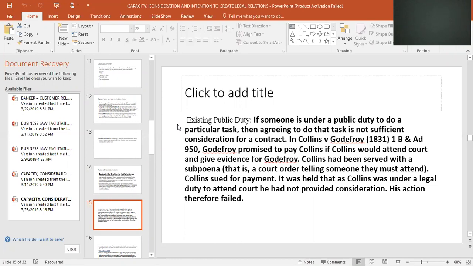So agreeing to do it cannot attract a different payment.